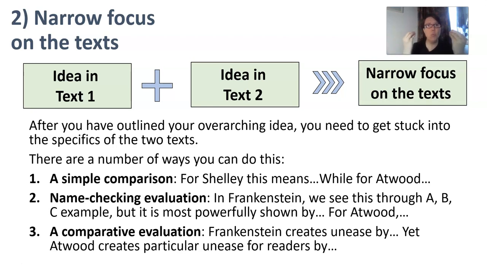And it doesn't matter which of the texts you present first, although the examples that I've given you here may lead you in a direction. So you've outlined your overarching idea. You need to get stuck into the two texts. There are lots of ways that you can do this, but there are 3 ways that we're going to practice. So we're going to practice a simple comparison, a name checking evaluation, and I'll go through again what name checking is when we get there, and then a comparative evaluation.